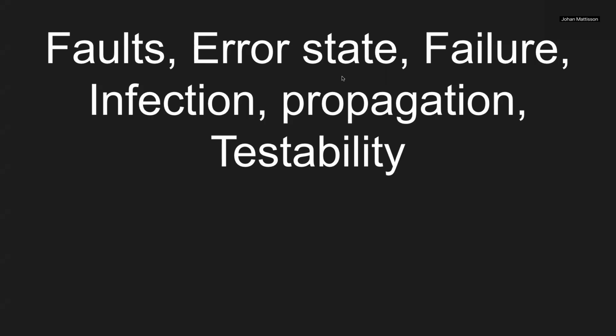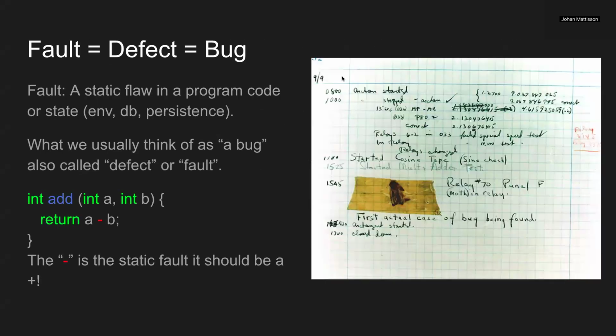So, all right. Fault, defect, bug. Does anyone know what this is? It's the first bug. In the old days, they had magnetic relays for the first computers. The first bug was actually a bug that crawled in between the relays, so it didn't hook up.